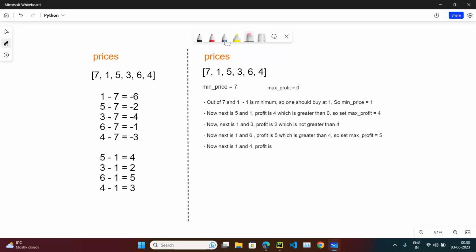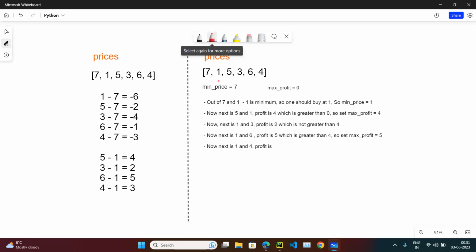Maximum profit means you need to purchase the stock at the minimum price, whenever the price is minimum, and sell the stock at the maximum price. So we will run one loop, or you can say we need to keep track of two pointers.